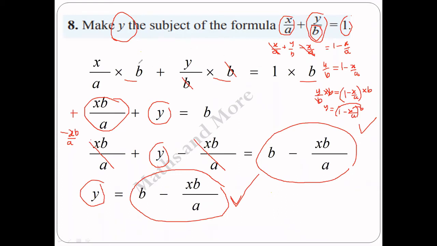If I start by multiplying all the terms by B to remove this denominator B, that method, or if I start by removing this X over A term, both answers are correct. According to the first step, the appearance of the answer will sometimes be different, but it should be the same when you remove the brackets. Okay.